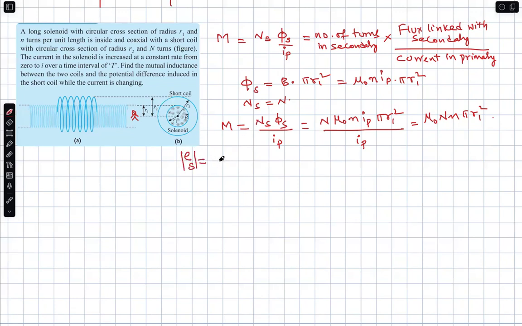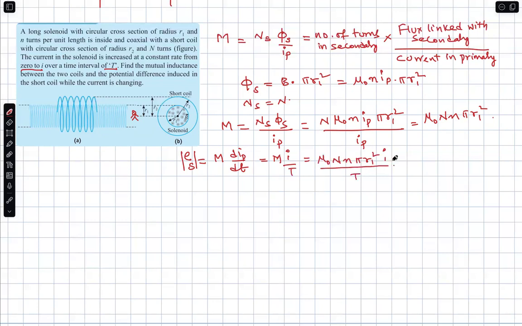It is nothing but M times dI primary by dt. Fortunately, dI primary you have given as information, 0 to I over a time interval T. So this is I by T, which is nothing but mu naught n N pi R1 square I divided by T.